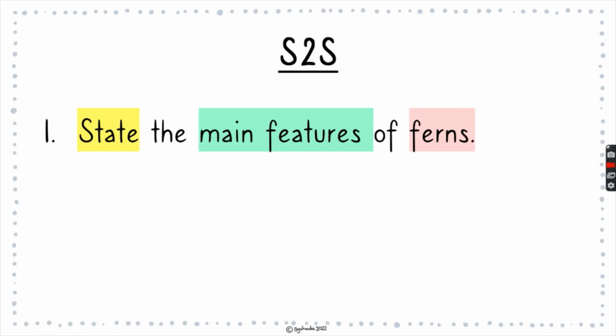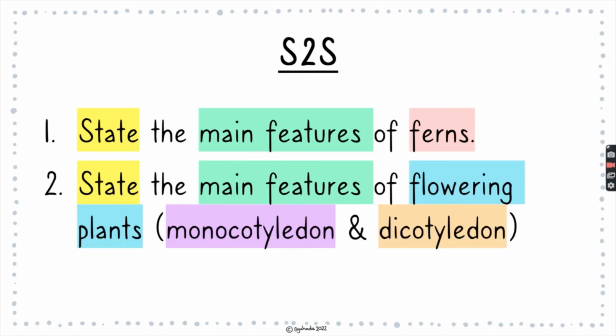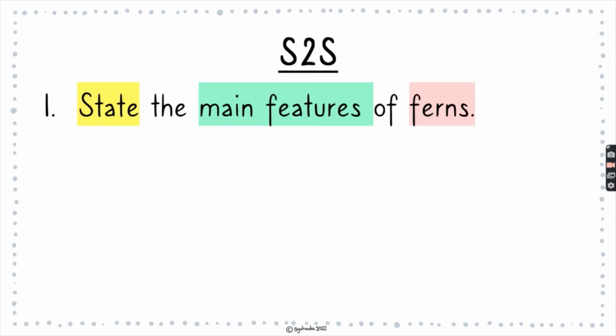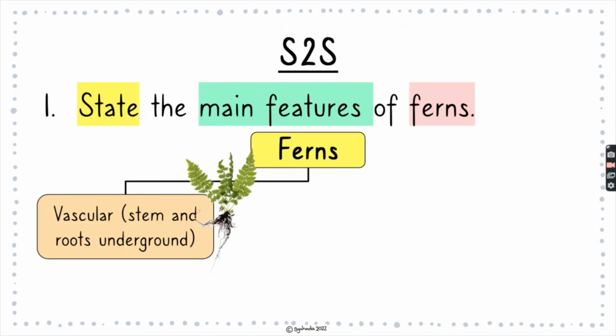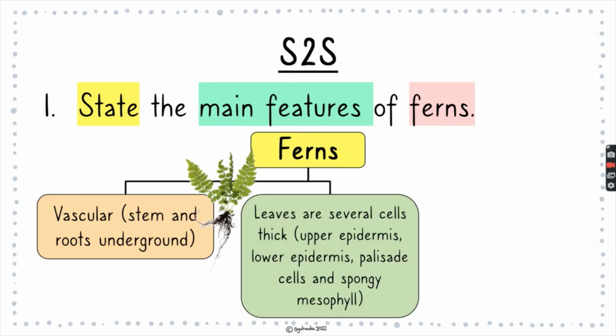So let's look at our step to success. We had to say the main features of ferns and flowering plants, which include monocots and dicots. Ferns are vascular. They have stems and roots underground. The leaves are several cells thick, and it includes the upper epidermis, lower epidermis, palisade cells, and spongy mesophyll.